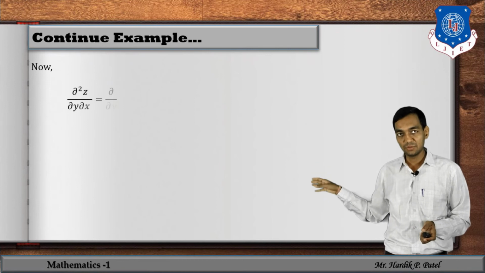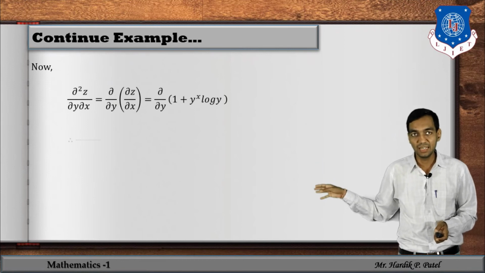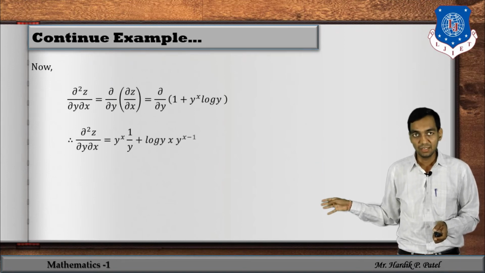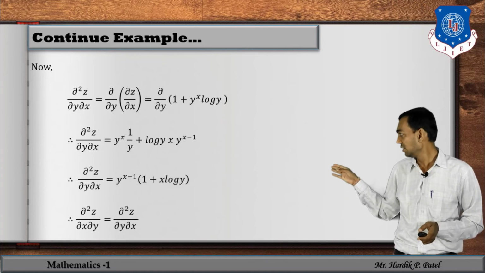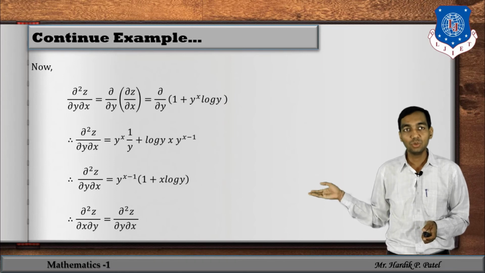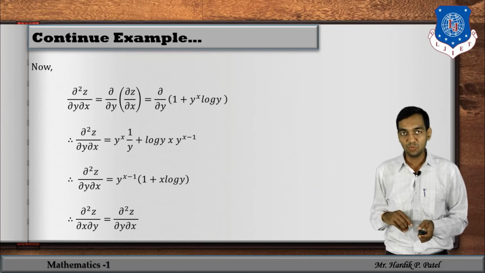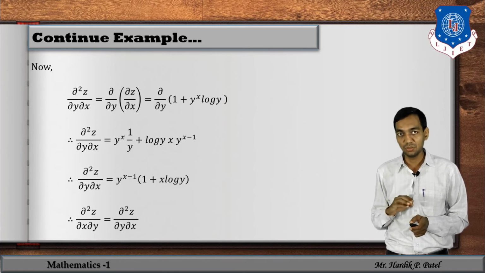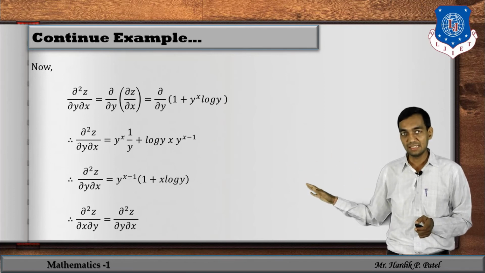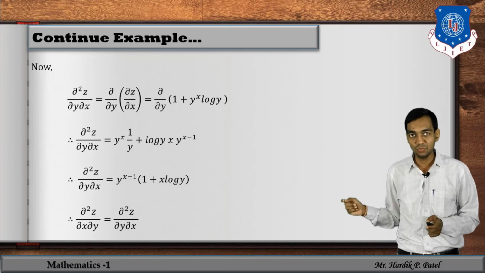In the same manner, del square z by del y del x. That means del by del y of del z by del x. Now del z by del x has a value 1 plus y raised to x into log y, correct? Differentiating it with respect to y, again you have to apply the u into v form. 1 has a derivative 0, so y raised to x as it is, and log y has a derivative 1 upon y.